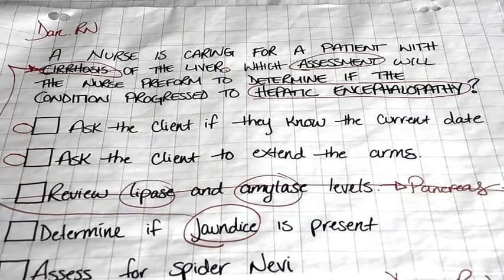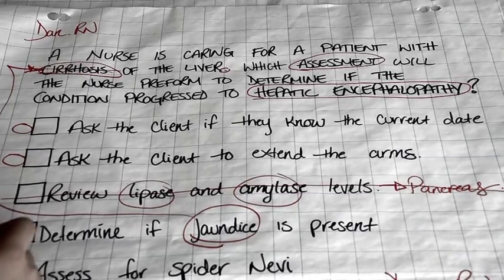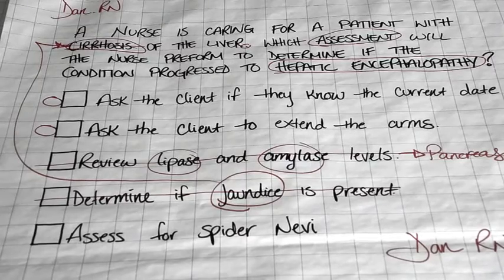That's where they're going to try to trick you, because you have a patient with cirrhosis, so you want to check for jaundice. However, the question is not asking about cirrhosis of the liver. It is asking about hepatic encephalopathy. So we're going to eliminate this answer choice.